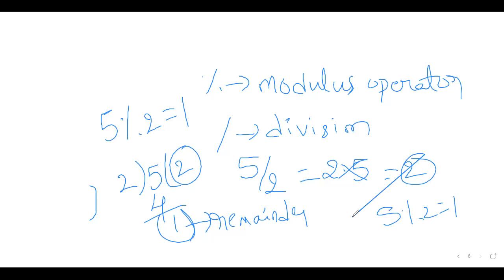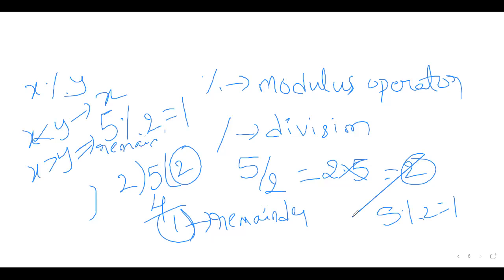And here one condition is there. If I say x modulus y, if x is less than y, then it returns x itself. If x is greater than y, then it returns the remainder. That you should keep in mind.